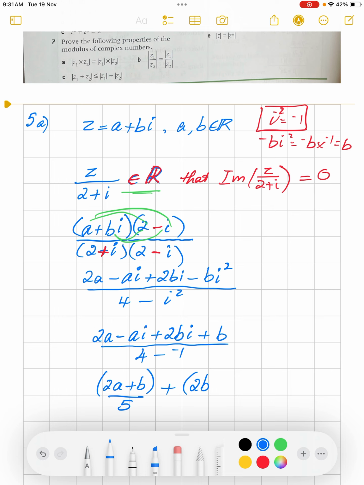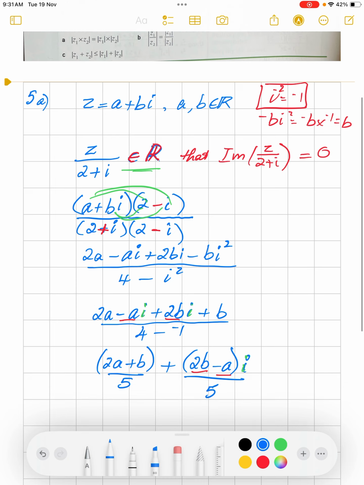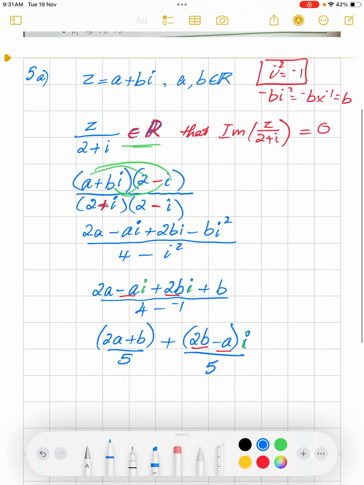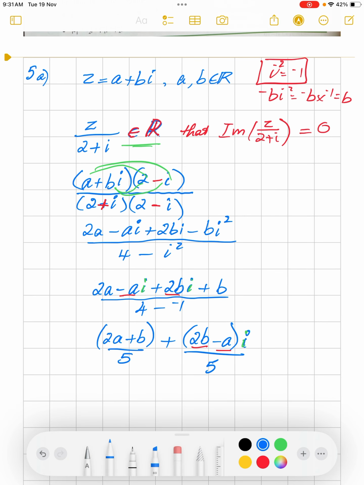and 2b minus a. If I factorize the i out here, we've got a 2b minus a that factorizes, and that's also over 5. And what we said at the start was for this value to be a real number, then this component has to equal 0.